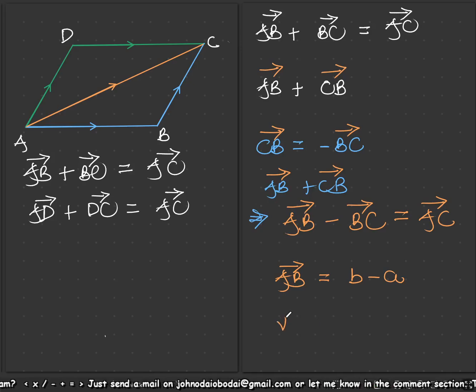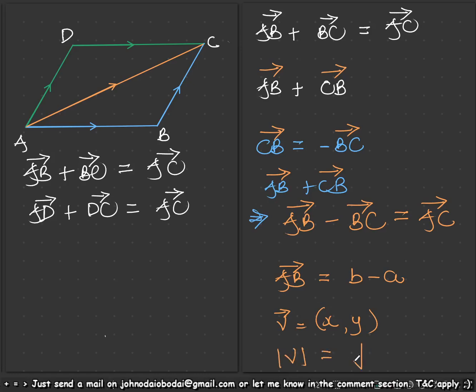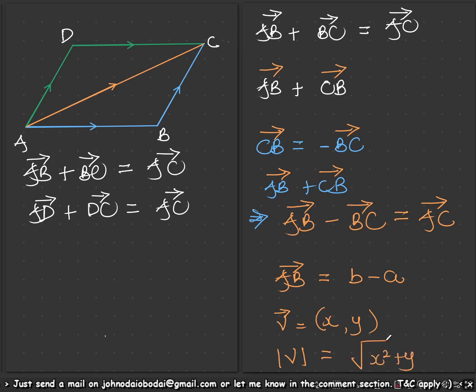So if you have a vector v whose coordinate is (x, y), then the magnitude of v, we said, is the square root of the sum of the squares of its components. So now that we know this, let's quickly look at how we can solve resultant vectors problems.